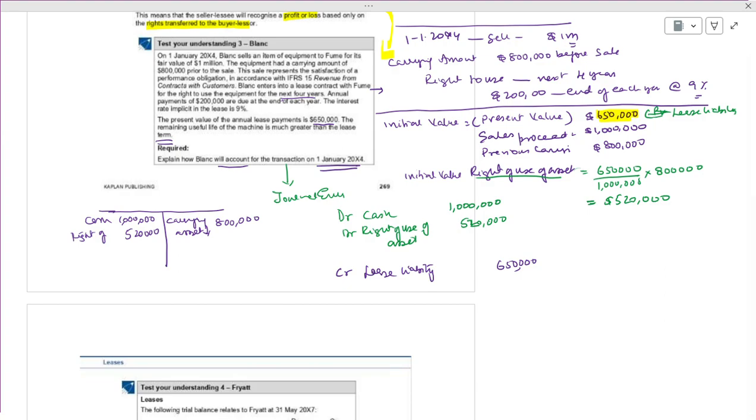But the lease liability is also increasing. How much is the lease liability? 650,000.